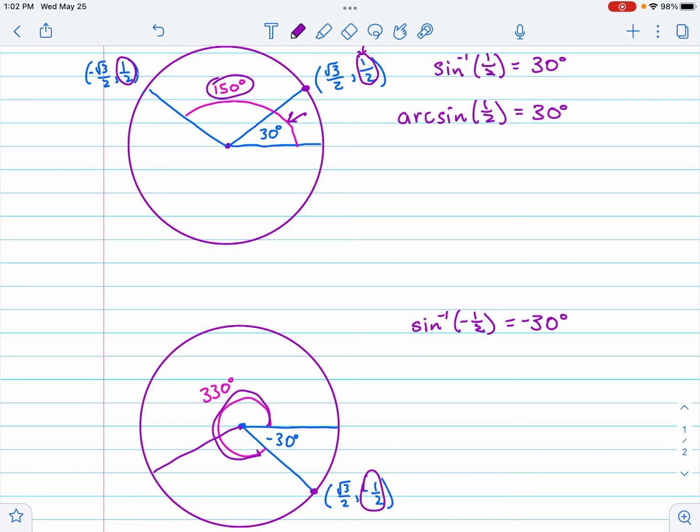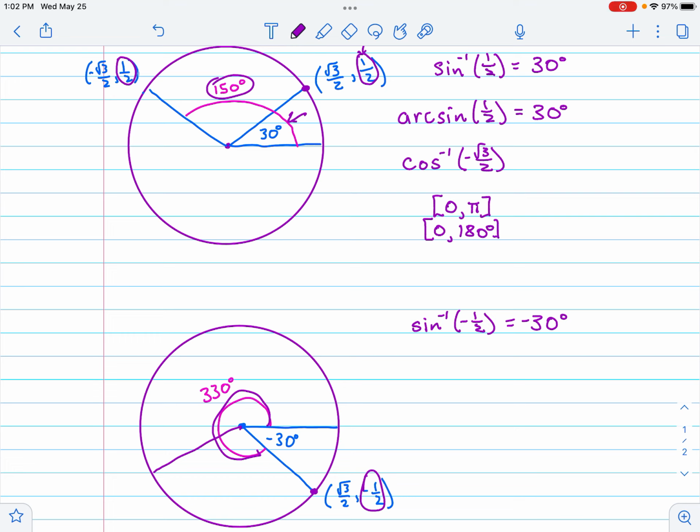For example, let's suppose we were asked to find inverse cosine of negative square root of 3 over 2. Well, cosine's output is between 0 and pi, or between 0 and 180 degrees, however you look at it.